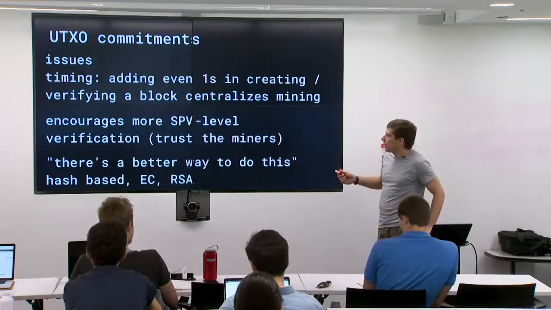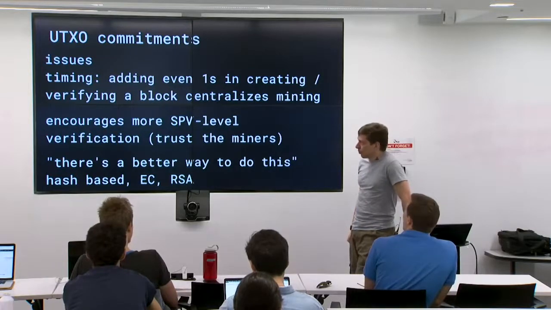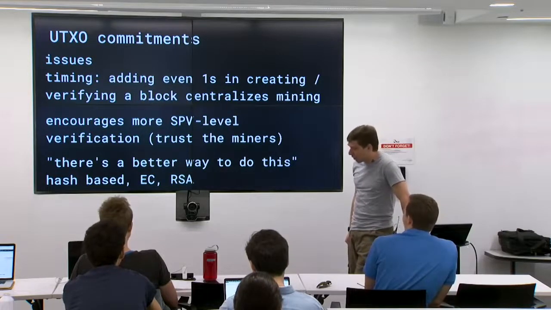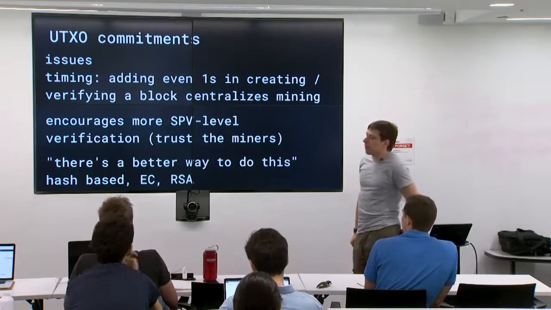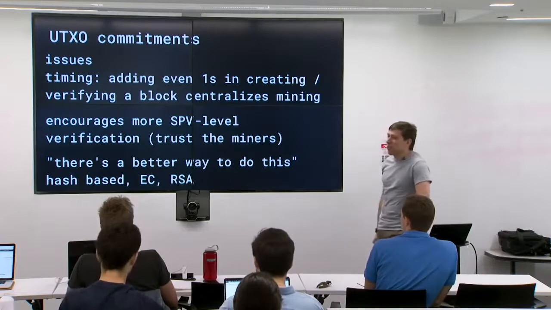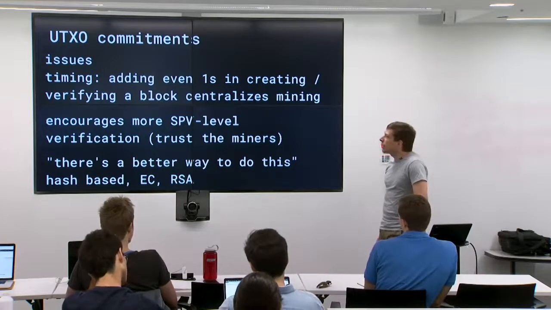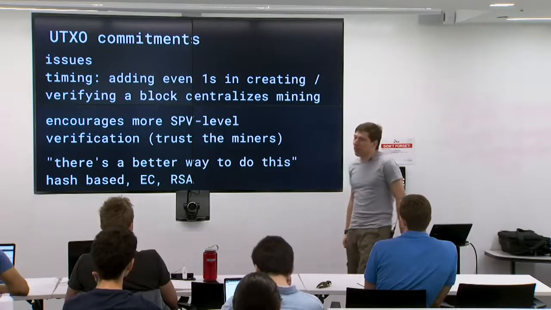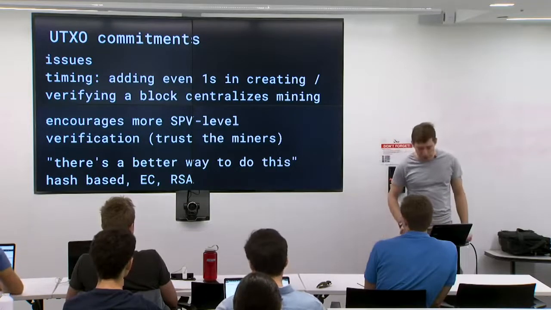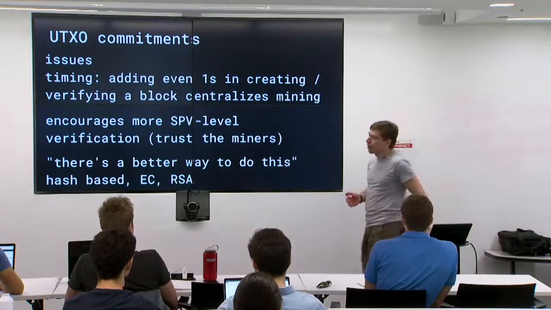So this is an idea. The issues. Timing is probably one of the biggest issues. If it's consensus critical, then the miners need to put this into their blocks, and miners also need to verify it when they get a block. Adding even a second to creating and verifying a block can centralize mining a bit, because the idea is, I want to be able to immediately start mining as soon as I see a block.